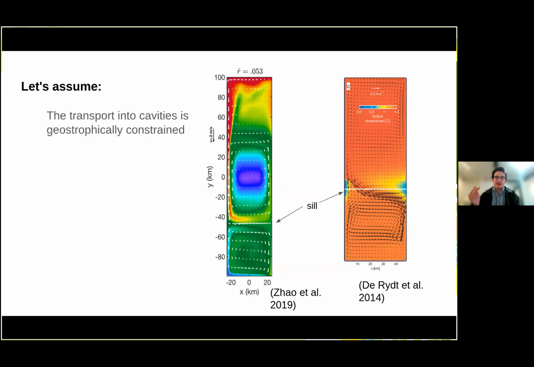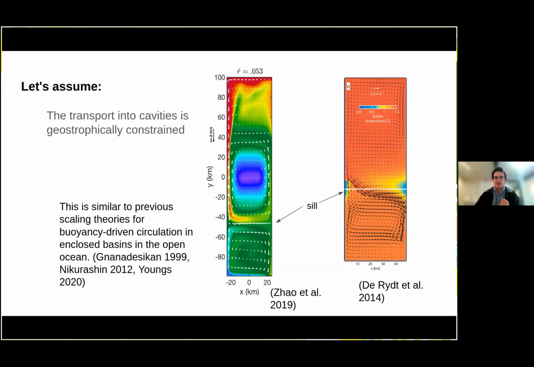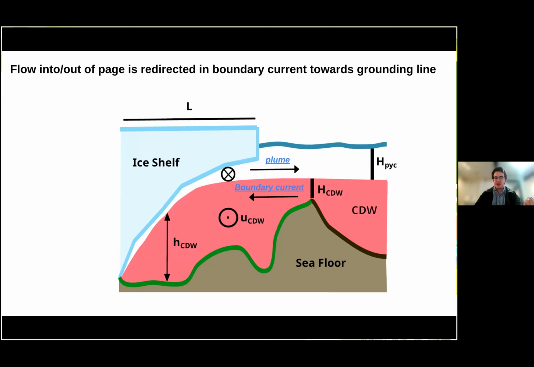And if we make the assumption that Ken holds, at least in his idealized model, that all of that geostrophic transport into and out of the page is going to be redirected into a boundary current, we are going to say that all of that transport into and out of the page is going to come in as a boundary current in the bottom layer and exit as melt, or the heat that it delivers will drive melt, and the freshwater flux from that will come out in a plume from the ice shelf.